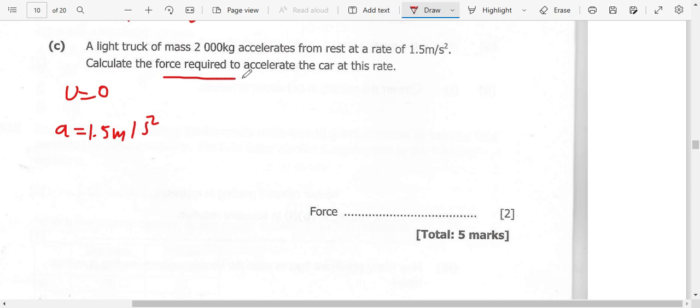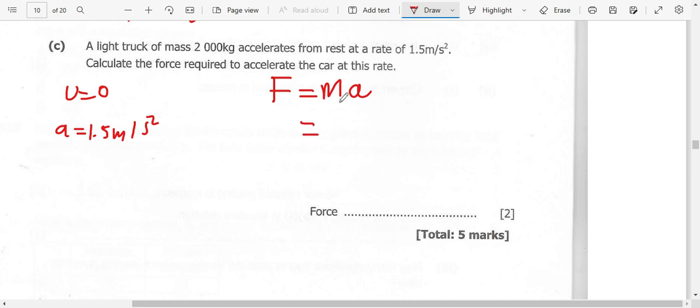Calculate the force required to accelerate the car. What do you think we're going to use for this one? Using Newton's second law of motion, do you know it? Newton's second law tells you that force is equal to mass multiplied by acceleration. This equation you need to know.